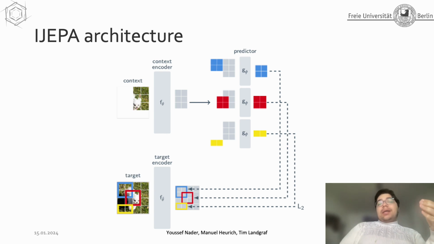So we ask the question: based on the information you see from the context, what would be the representations for these other parts that the context has not seen or does not include? We'll get into the details of how the architecture works, but this is just a top level view of how this network is operating.